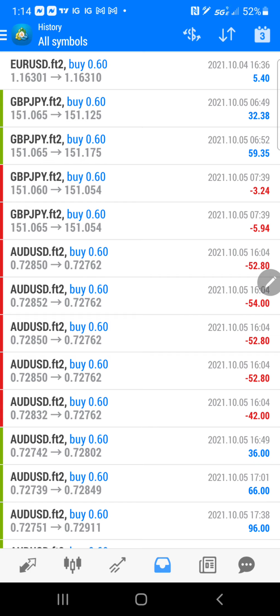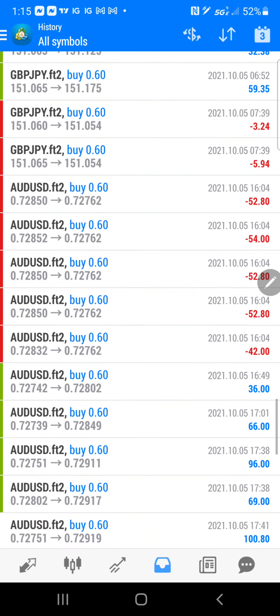I went long, and the pair pulled back on me, but I ended up re-entering. I don't have pictures of that losing trade, which I should get for you guys so that you can see that as well. But I'm pretty sure what happened is I got in too early on a long, and when you get in too early, sometimes you can mistime the market.